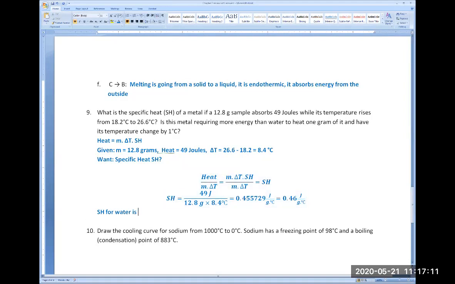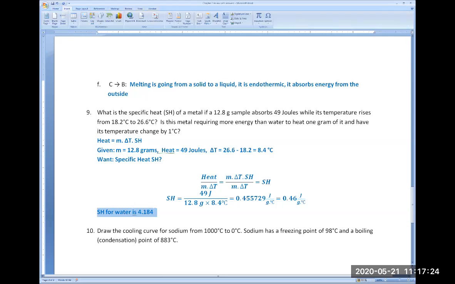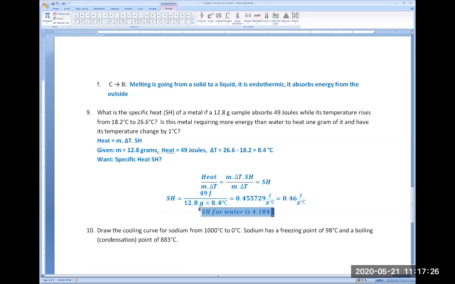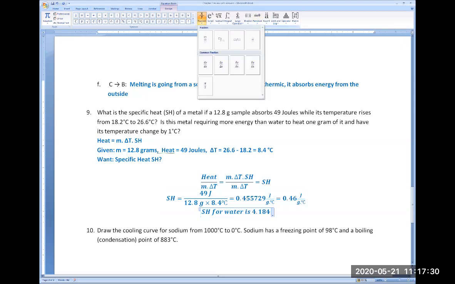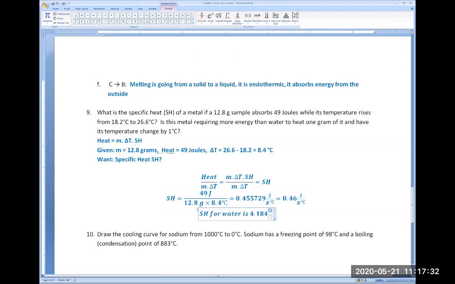The specific heat for water is 1 calorie per gram per degree, which means 4.184 joules per gram and per degree Celsius.